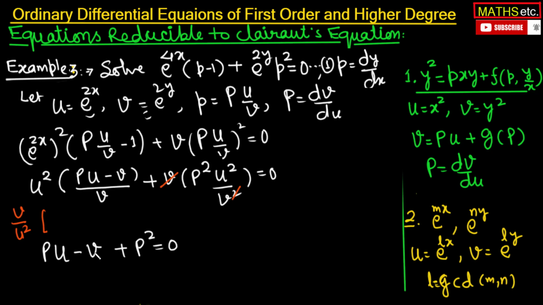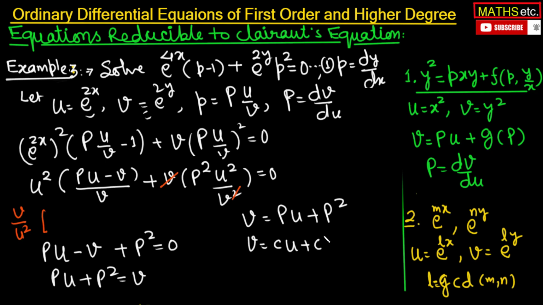Now rewriting this equation, let us bring v to the right hand side. So we get pu plus p square equal to v. Rewrite this as v equals pu plus p square, which is clearly Clairaut's equation with u as the independent variable and v as the dependent variable. Its general solution is obtained by replacing p by an arbitrary constant c, so v equals cu plus c square, right?